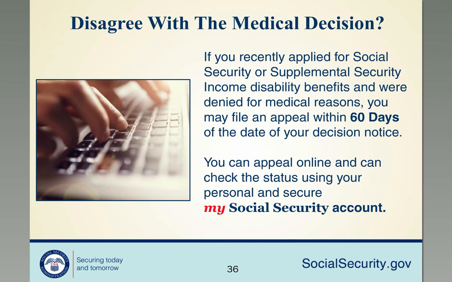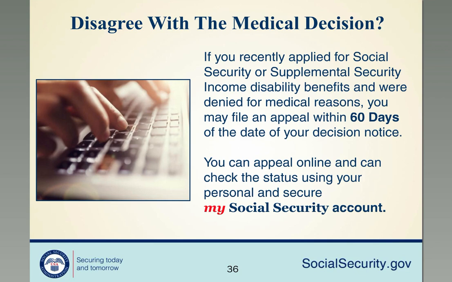If you're denied for the first time, it goes to the reconsideration level, and we review your case there. Not all states have that. Some states go directly to our administrative law judge. They actually skip the first level of review and go to the administrative law judge.